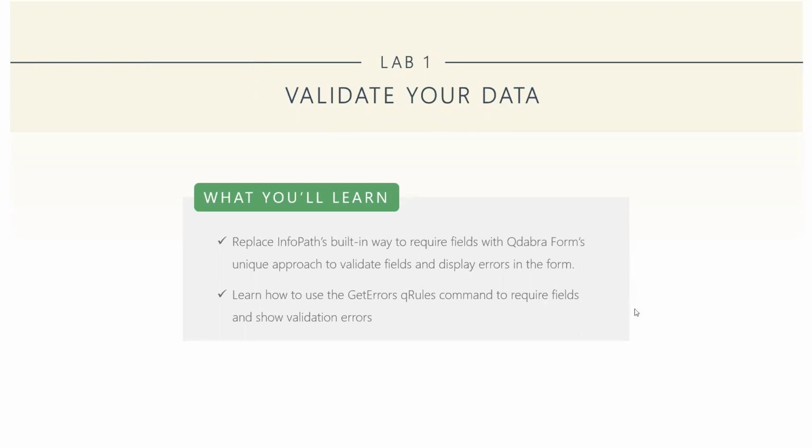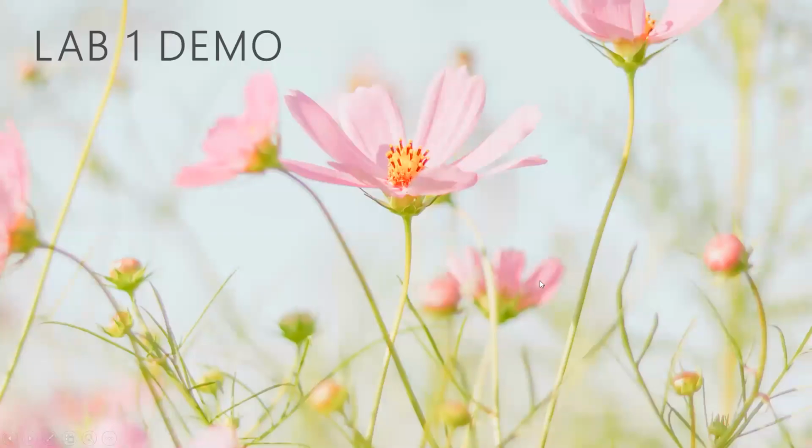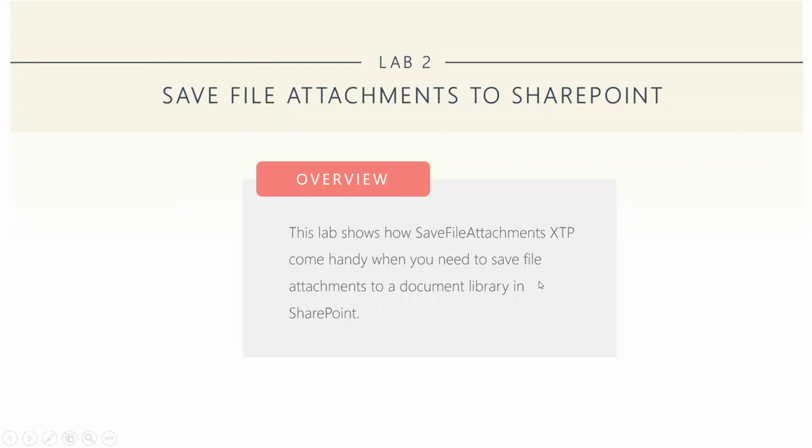All right, so next slide. Lab 2 is about saving file attachments to SharePoint. Like I mentioned earlier, on day 1, we discussed how you can submit attachments to a list using the submit to SharePoint list command.